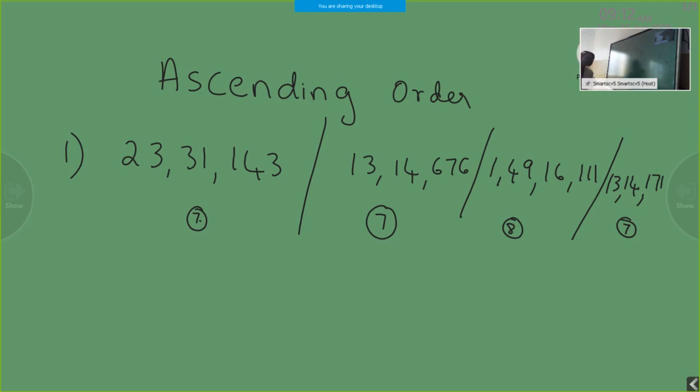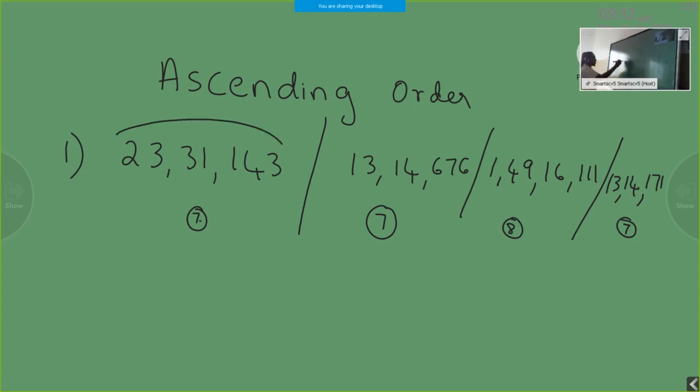But here, listen children, we have 3 numbers with 7 digits. So if 2 numbers are having the same number of digits, what we have to do? We have to compare from the leftmost position.